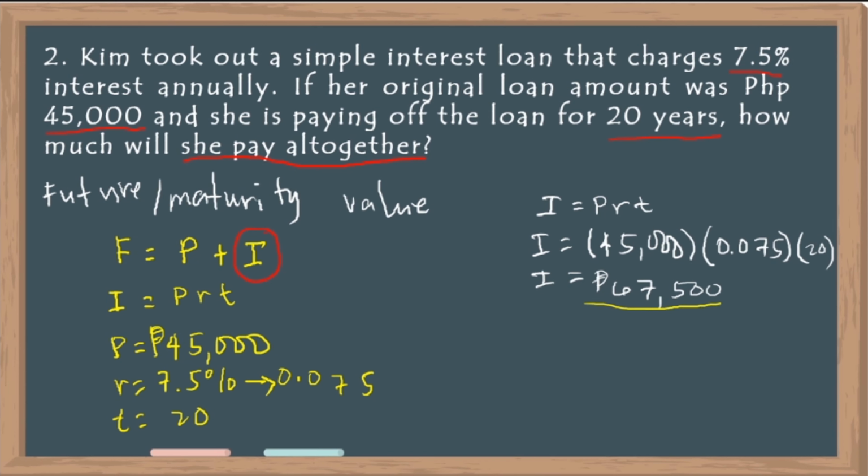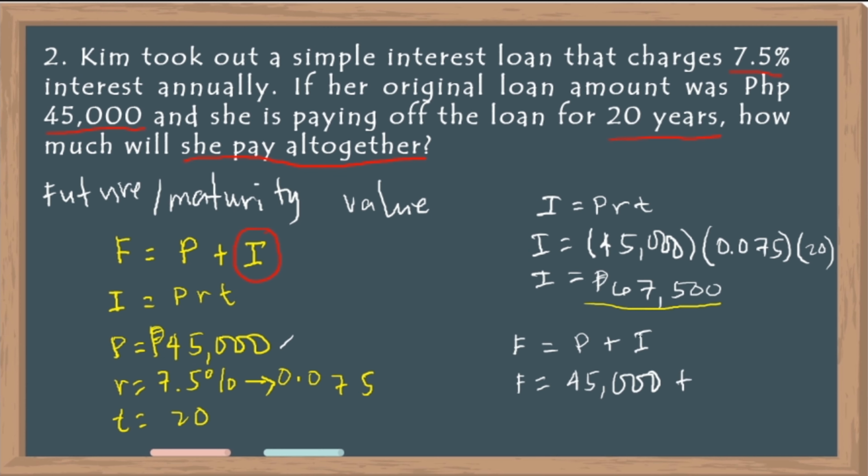Pero pinapahanap sa atin, magkano lahat ng babayaran niya. So, including yung principal amount. So, we need to solve the future value, or the maturity value. Okay? So, principal plus interest. Magkano yung kanyang original amount, or the principal? 45,000 pesos.